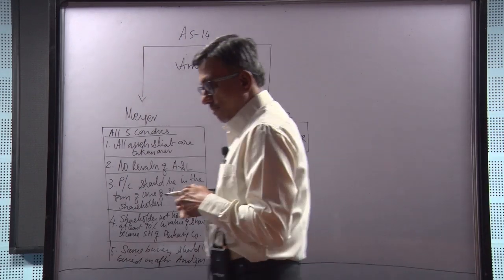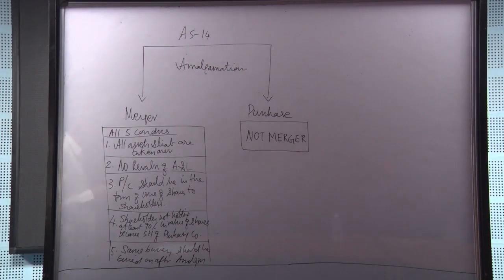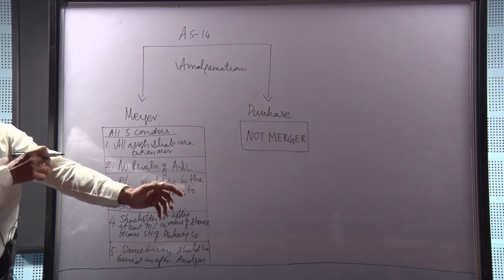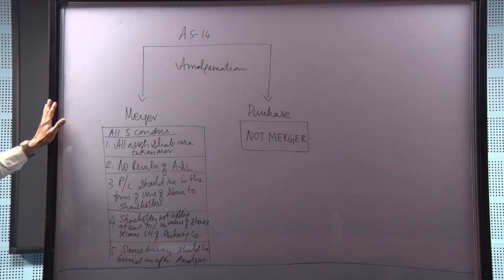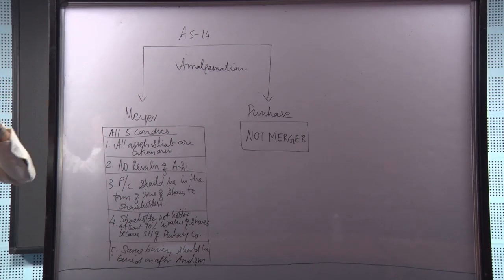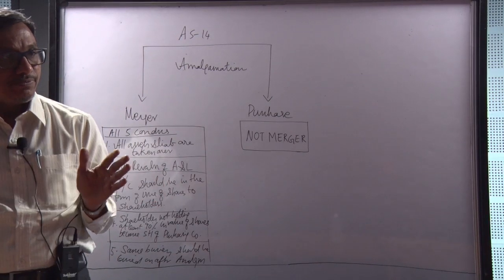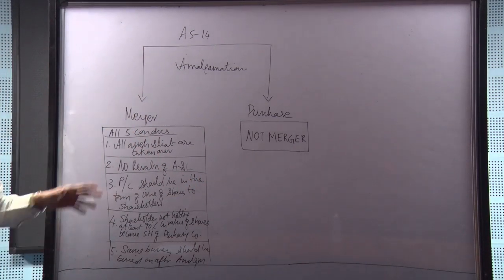Because in every problem on amalgamation, it is very essential to identify whether the amalgamation is in the nature of merger or purchase, because the accounting treatment for merger will be different from amalgamation in the nature of purchase. So as you come across any problem in amalgamation, first thing you should see is whether the amalgamation is in the nature of merger or purchase. That means you have to check all these 5 conditions.